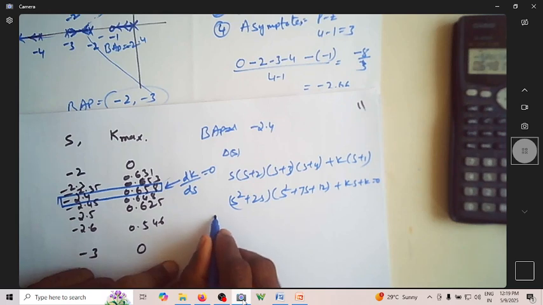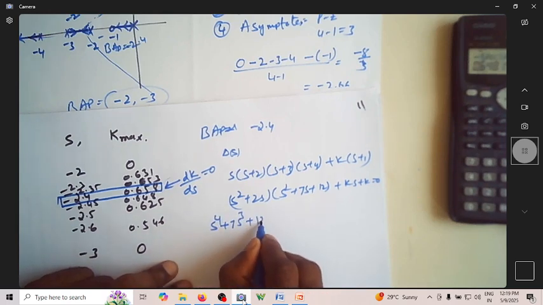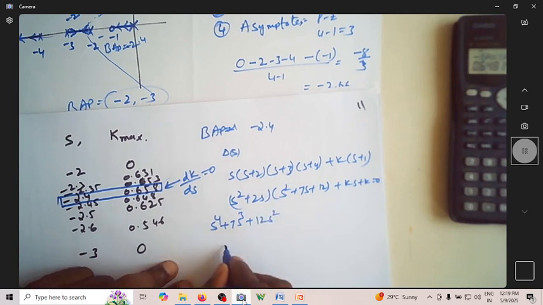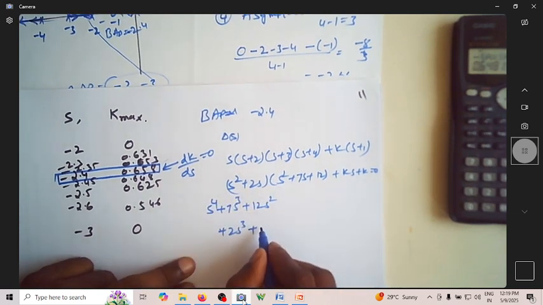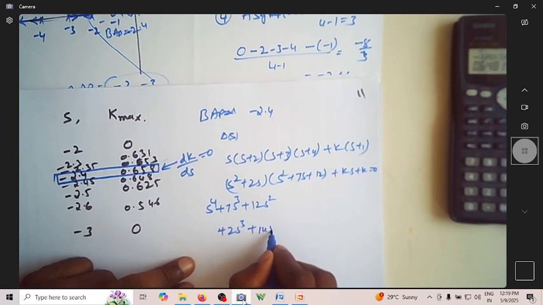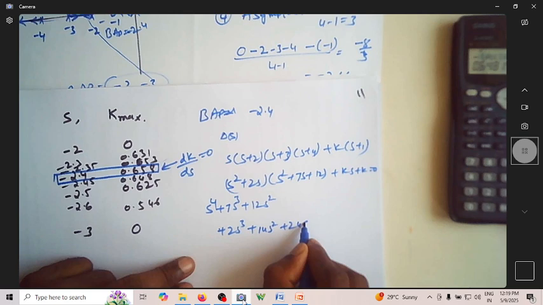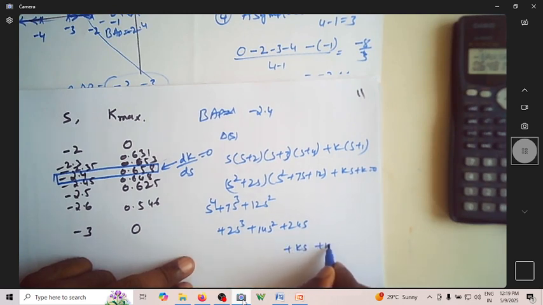I can write this as s power 4 plus 7s cube plus 12s square plus 2s cube plus 14s square plus 24s, plus ks plus k.